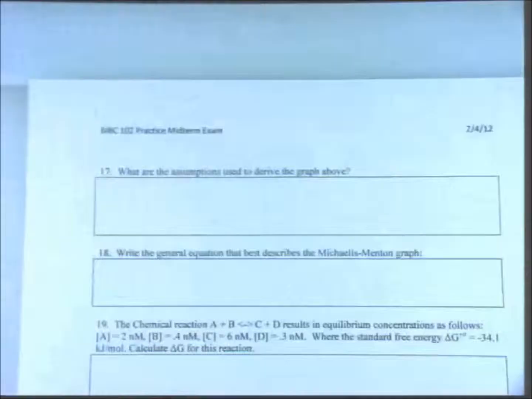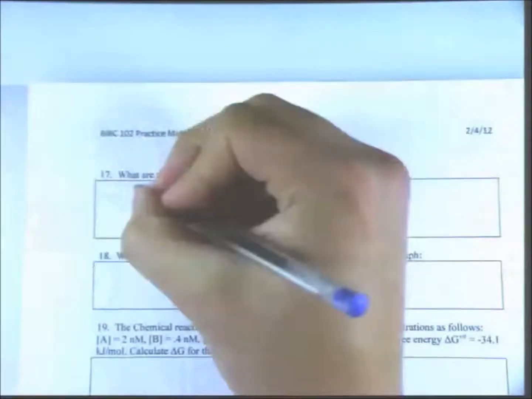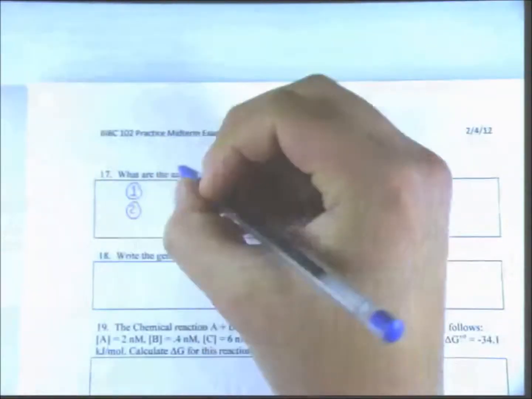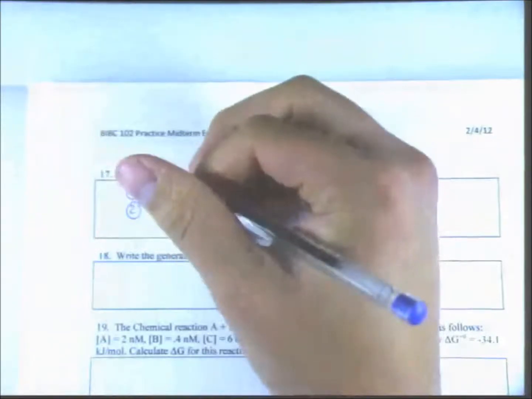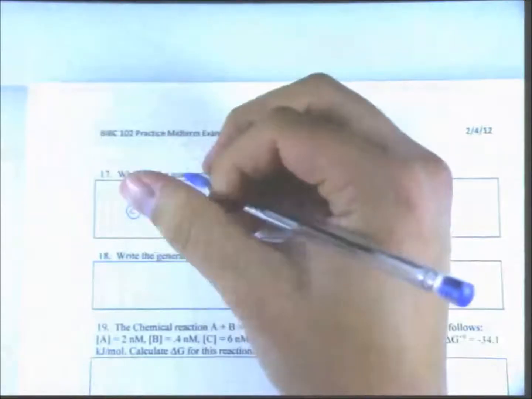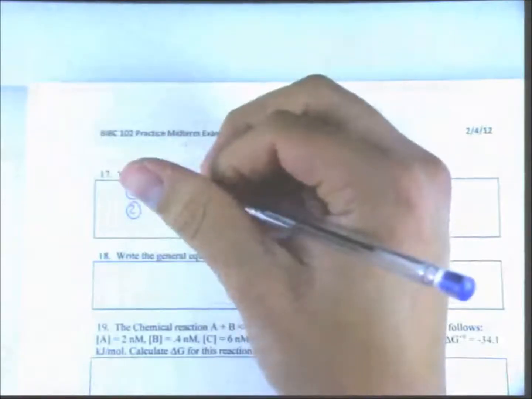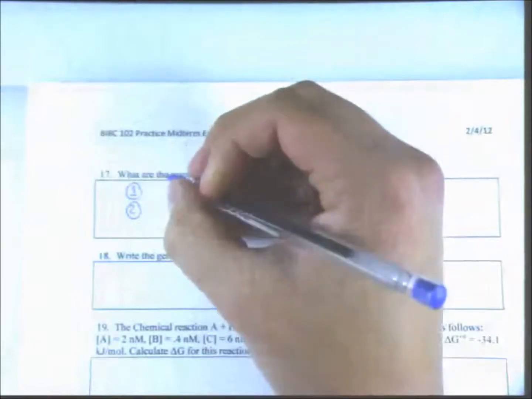All right. What are the assumptions used to derive the graph above? So what are the Michaelis-Menten assumptions? Catalysis happens in a single step. Wait, steady state.